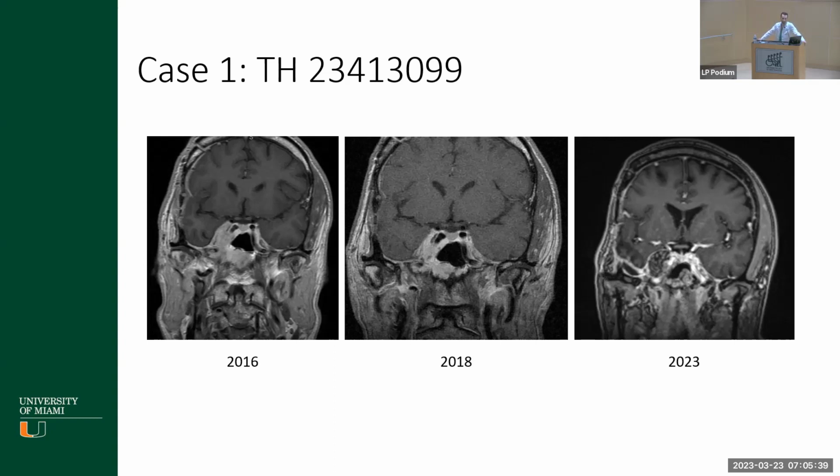Yeah, so it looks like there's more enhancement on the left side. I mean, the surgery was before this, so just describing, this tumor here looks very different than this tumor here. Yeah. Right.